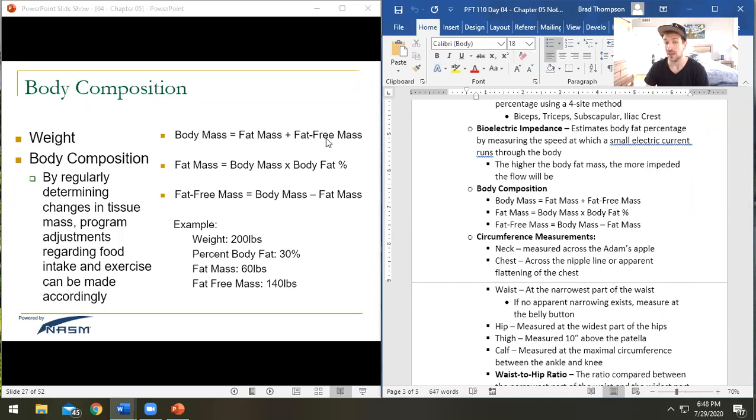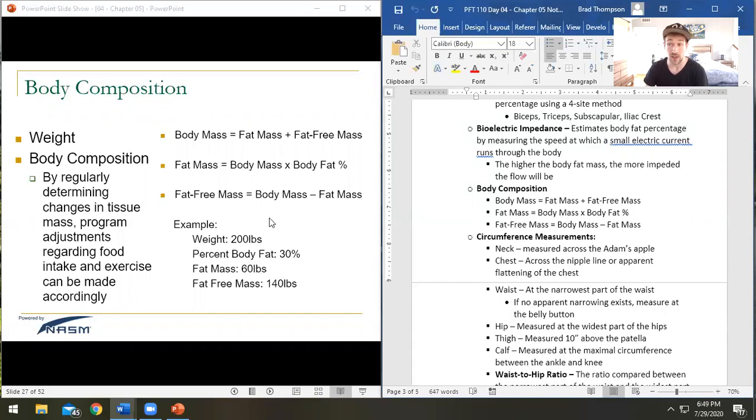So that's your lean body mass plus the pounds of fat that you have on your body. So in order to figure out what your fat mass is, you're going to take your poundage and multiply it by your body fat percentage. So if somebody weighs 200 pounds and they have a 30% body fat percentage, we know that their fat mass is going to be 60 pounds, because 200 multiplied by 0.30 is 60 pounds.